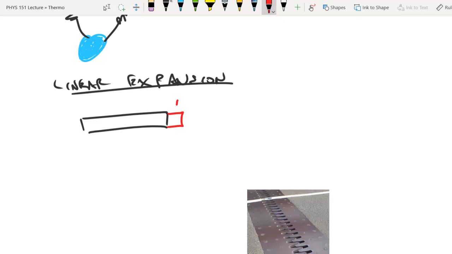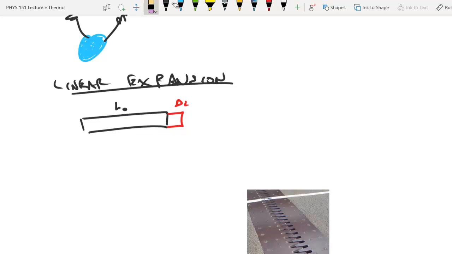So then I have some change in length, delta L, okay? And then I have some starting length, I'll call this L naught, okay? And I'm just worried about how long it's getting. Technically it's also going to expand out this way as well, a little bit here. It's going to expand in all directions, but let's say I'm just mostly interested in how much it's getting longer.